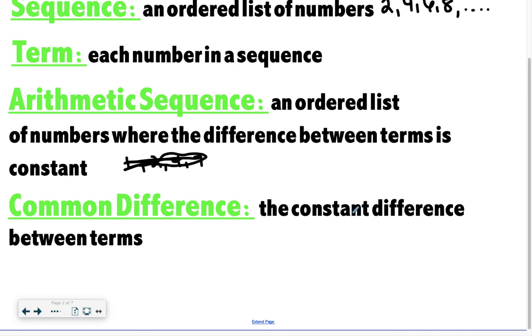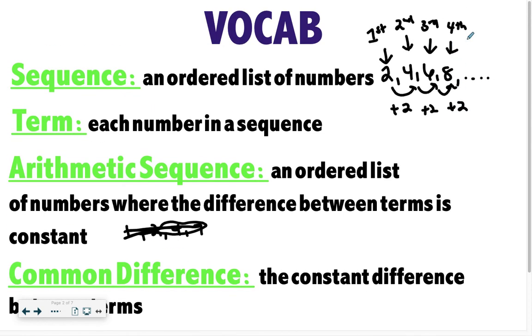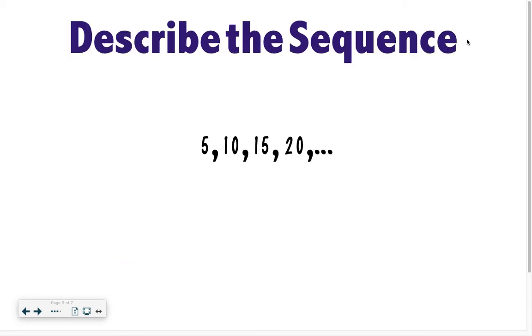Common difference is the constant difference between terms. So up here, it would be adding 2 each time. That would be our constant difference, okay? So that's the vocab that we are going to talk about and use in this section.